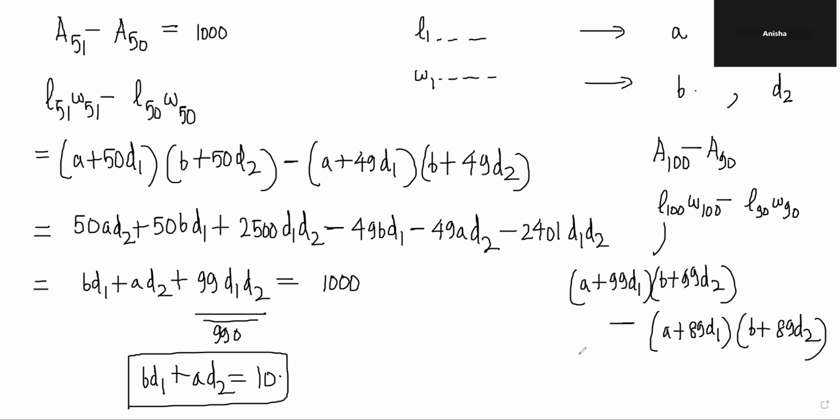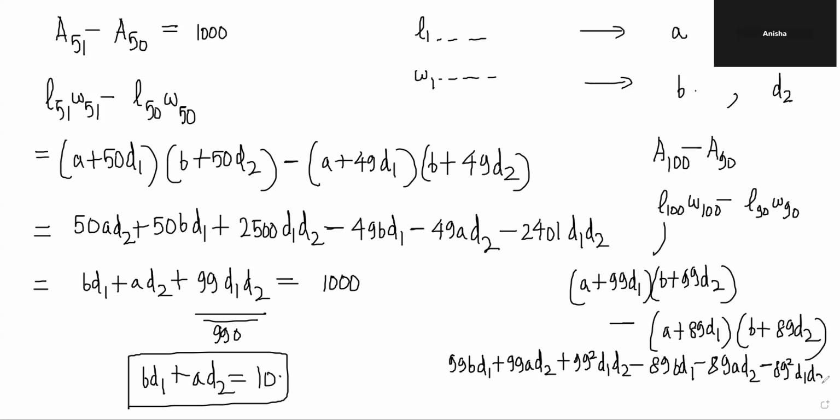Again, AB will get cancelled. What will be left is 99 BD1 plus 99 AD2 plus 99 square D1 D2 minus 89 BD1 minus 89 AD2 minus 89 square D1 D2.